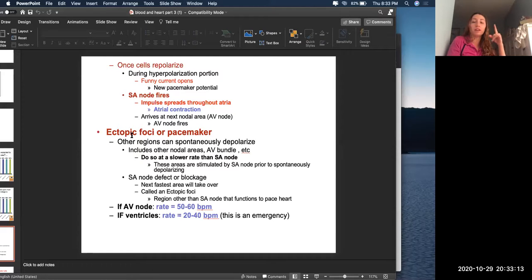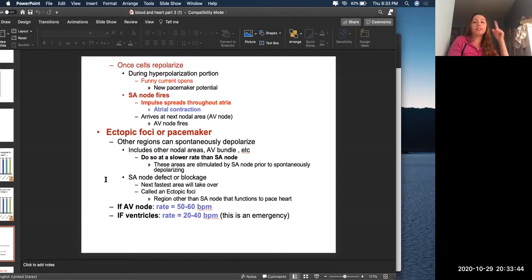So when a different part of the heart is spreading the action potentials or the depolarization, that's called an ectopic foci. If the SA node is doing it, it's not called that. But if the SA node's not doing that, it's either the AV node or the Purkinje fibers, then that would be called an ectopic foci.